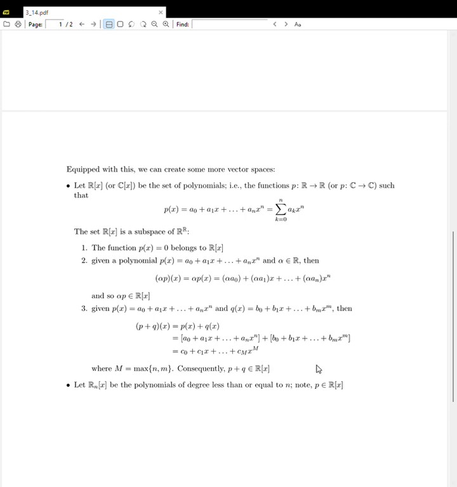So note that if P is in there, then, and I'll use a different n here. So note, to be in the set of polynomials, there is some n so that you look like this.